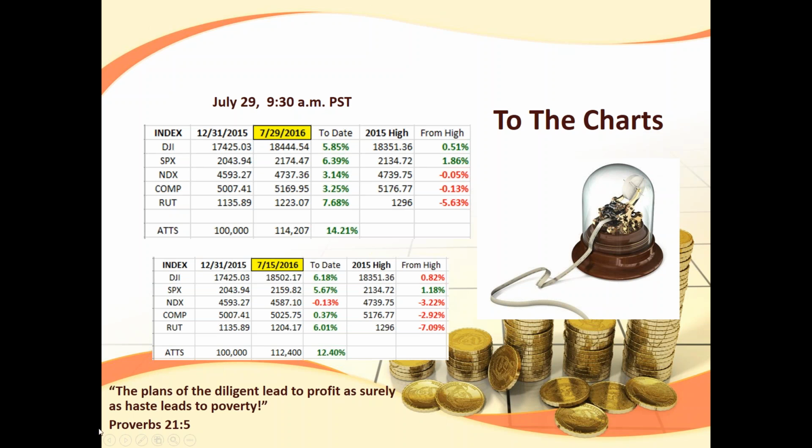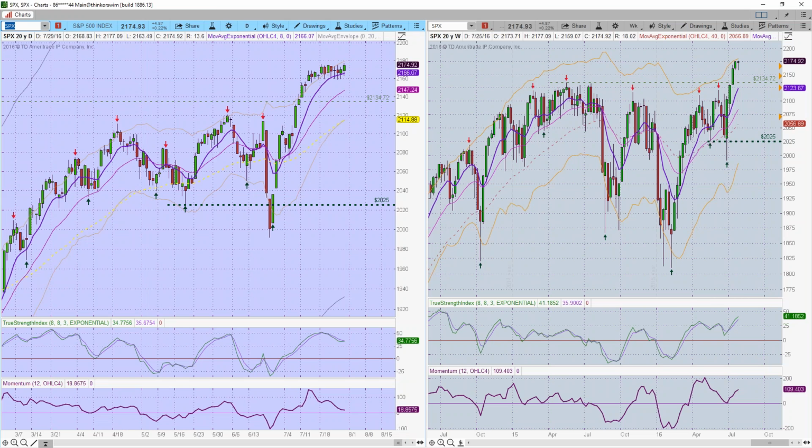Okay, let's take a look at the charts. There we go. I have been looking, folks, at this particular S&P, which has been driving across here in this little price range.